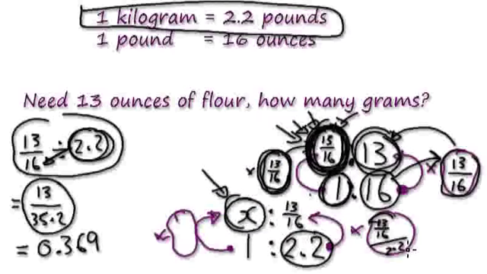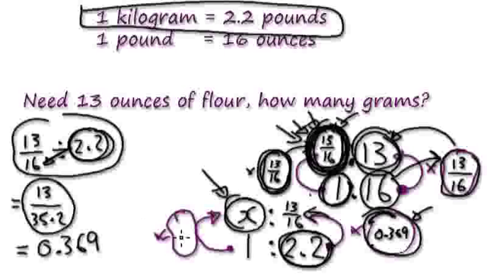So basically, this number here would be 0.369. You would start here and then times this number, and that would take you into here. This is our multiplier, 0.369.